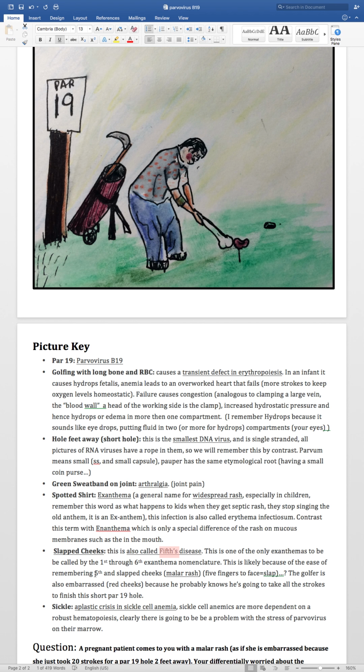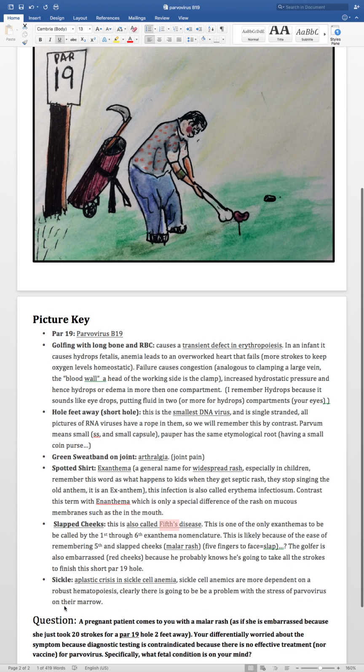And I think the reason why this one is still called fifth is because of the maybe conscious or subconscious association people have made with fifth and the slapped cheeks or the malar rash. A five-finger slap to the face is a slap, and so people were probably just calling that fifth more often, and so it stuck more often. That's my theory. I don't really know too much about how that actually went down, but it's an easy way to remember this.